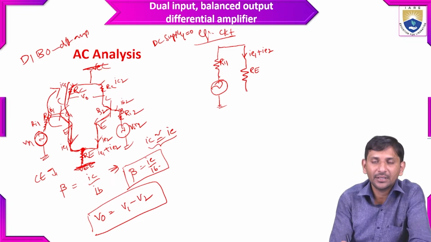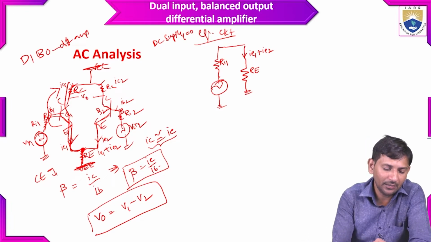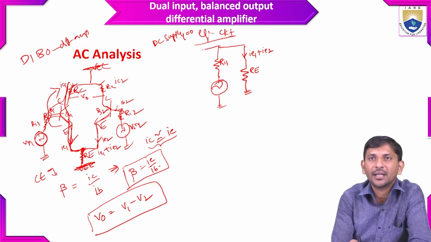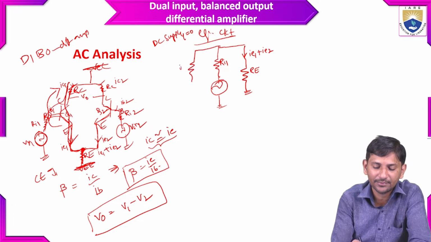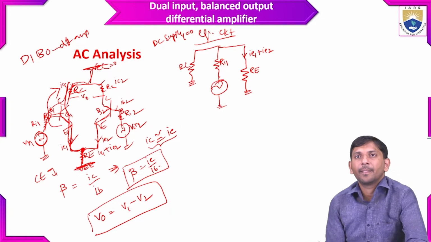In the AC analysis, the DC supply becomes 0, so make it ground. Then we continue to the collector. Across this collector, the resistance is RC, towards VCC, which is grounded, 0. So I make it ground 0.